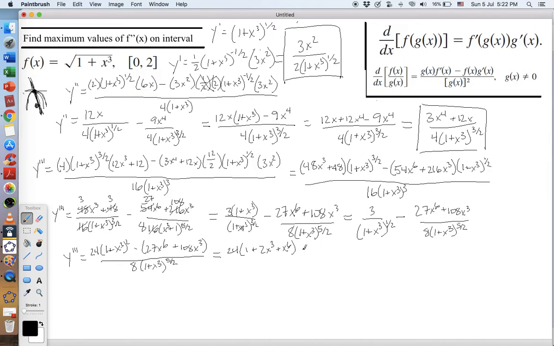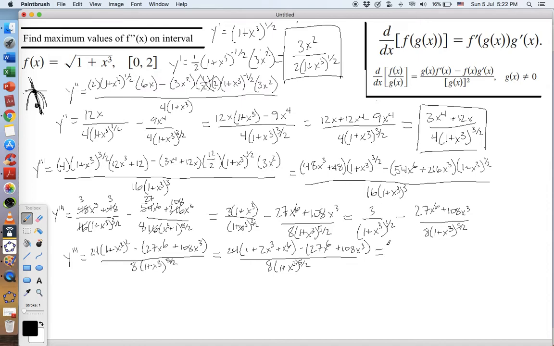And we're going to subtract from that still that 27x to the 6th plus 108x cubed. And all of that is over 8 times 1 plus x cubed raised to the power of 5 halves.